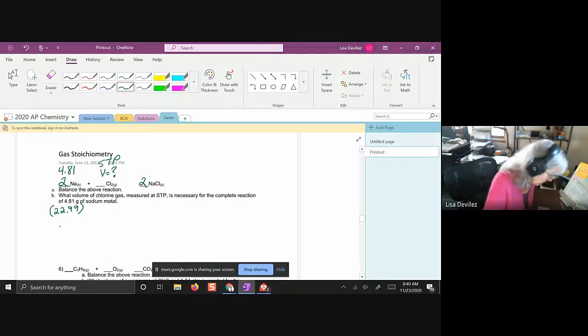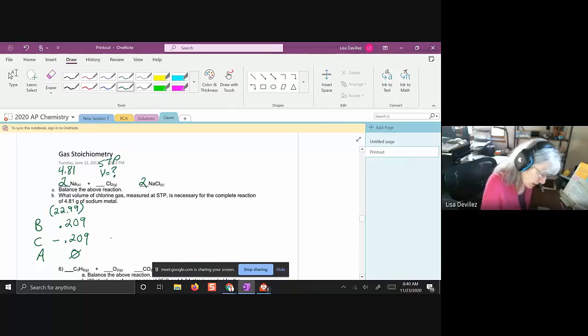So I get 0.209, and that's the only one, so that's going to be minus 0.209, going to 0. And that's going to be half of that, so divide by 2, and I get minus 0.105. So what it started at.